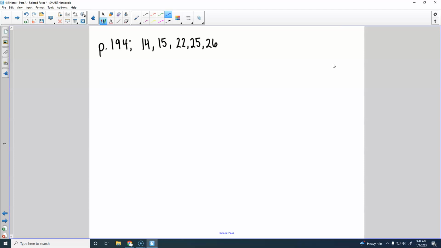Let me tell you that number 22 has a picture, but it's easy to miss it because it's not right there with 22. It's below 21. So it's like the problem goes on to the next column, but there is a picture which will help you a lot on that.